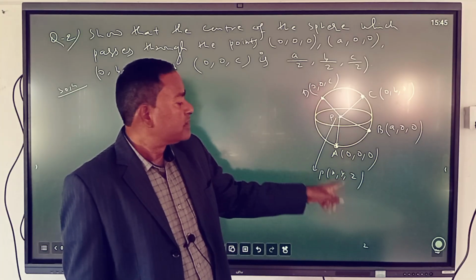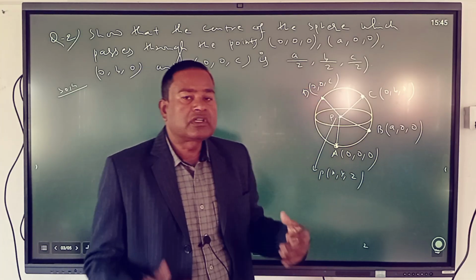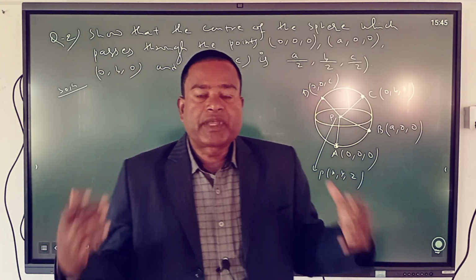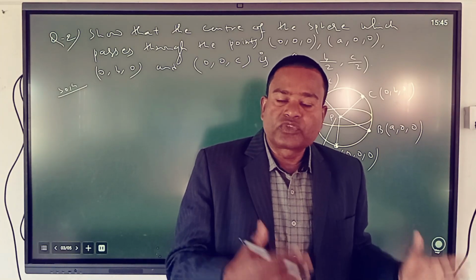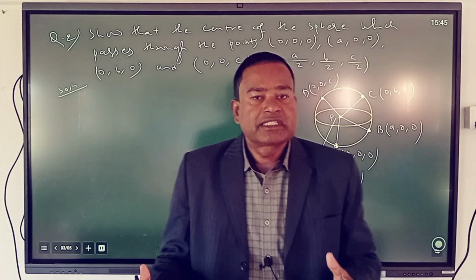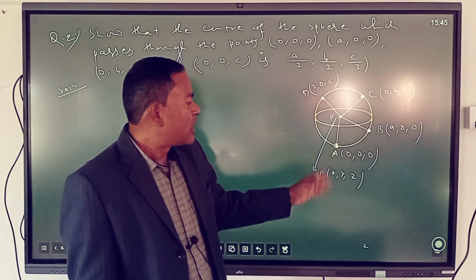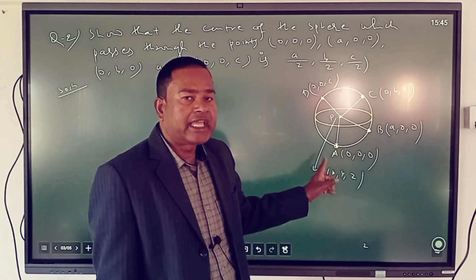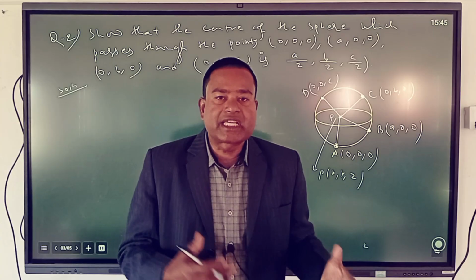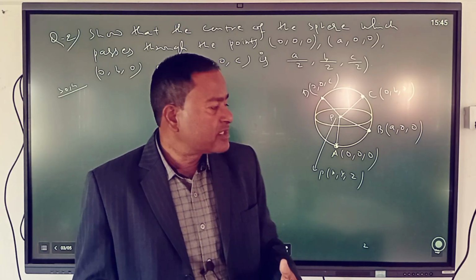To show that the center of this sphere is a by 2, b by 2, c by 2, we have supposed the coordinates of the center to be P, (x, y, z). Now we are going to find x, y, and z, that means the x, y, z coordinates of the center of the sphere.